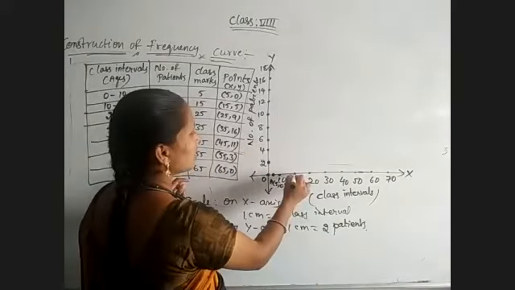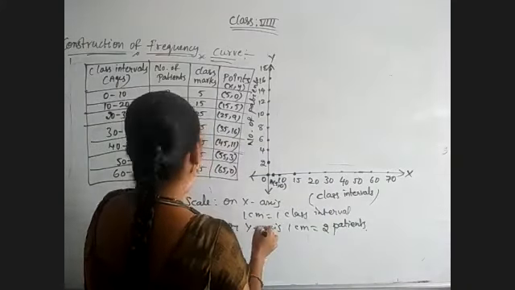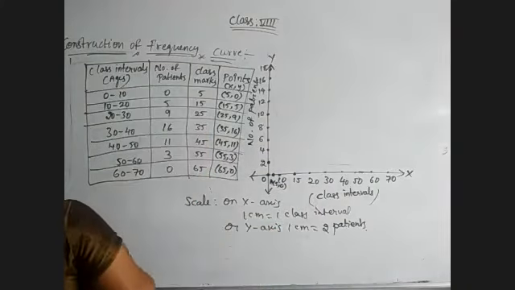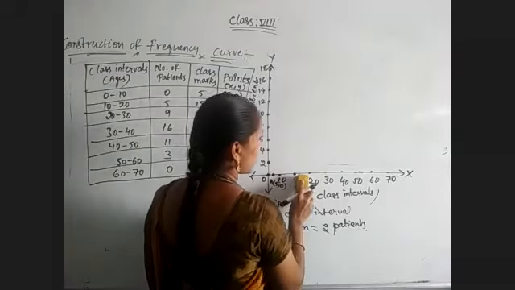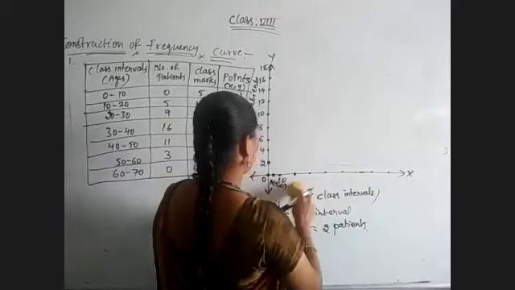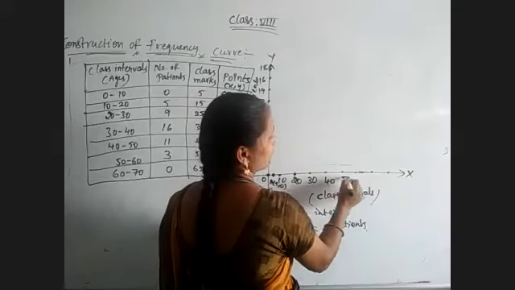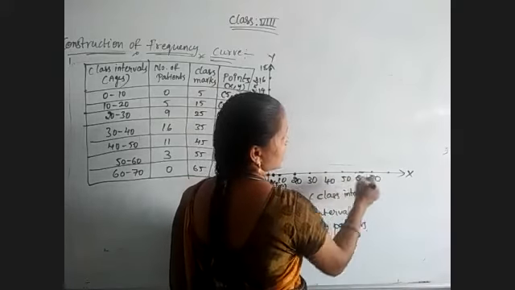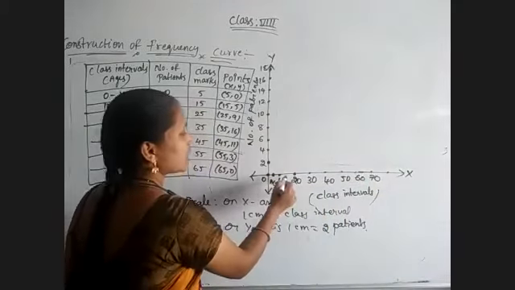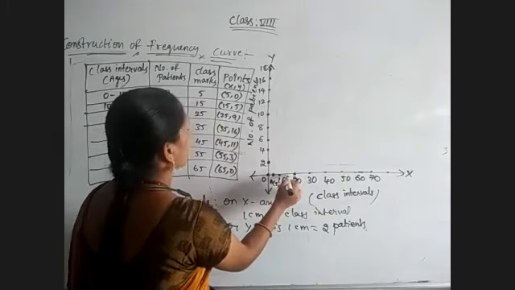After that 15 comma 5. Sorry, here class intervals we must take as 0 to 10, 10 to 20, 30, 40, 50, 60, 70. Now, 15 is the mid value of 10 and 20. So here we get 15 comma 5.